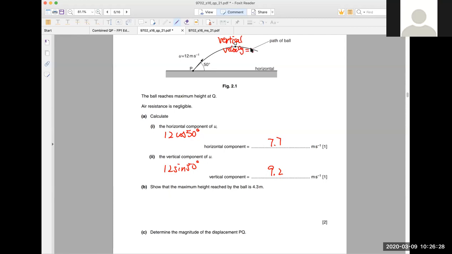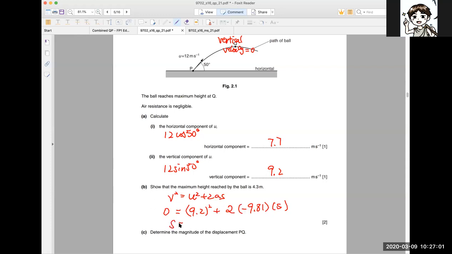Just use the SUVAT formula without T: V squared equals U squared plus 2AS. The final velocity is 0, U is 9.2, and A is negative 9.81, because if you take upwards to be positive, the downward vectors should be negative. Then use your calculator to get the answer.